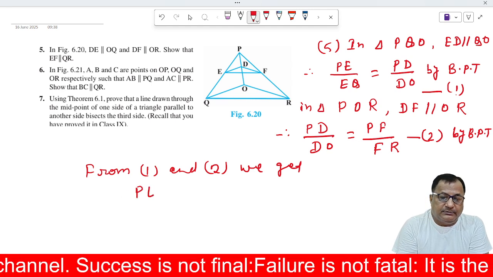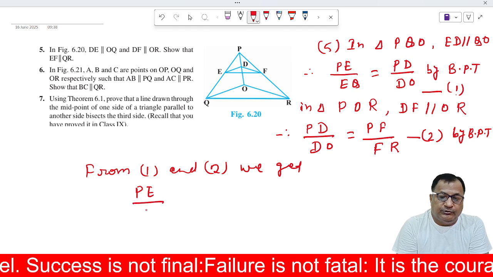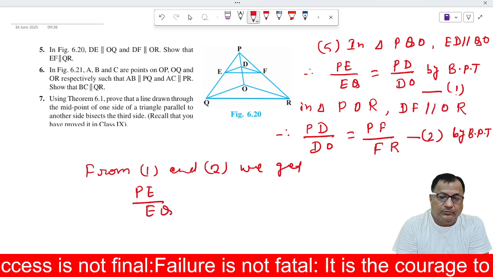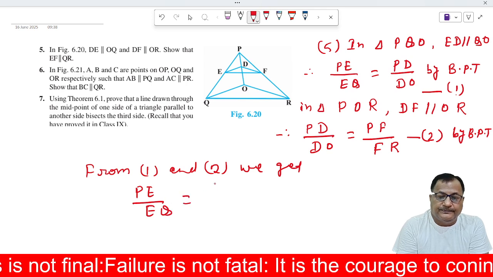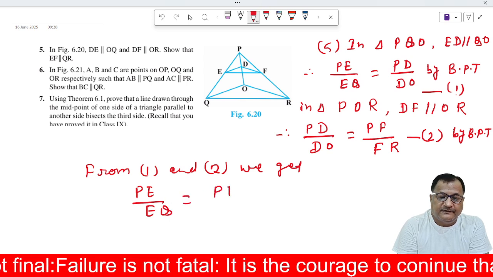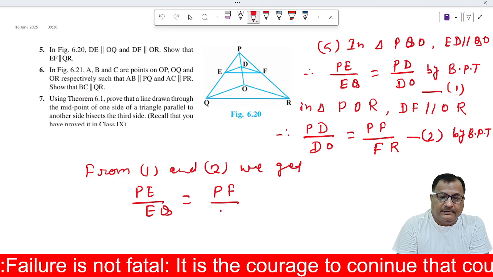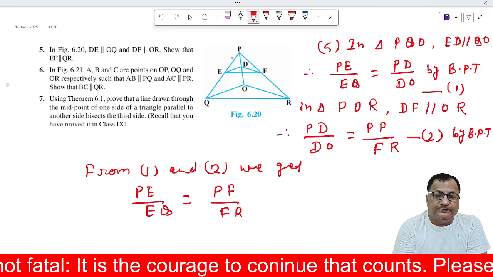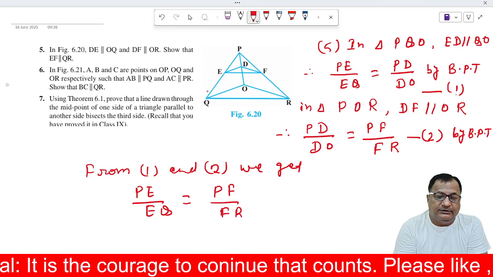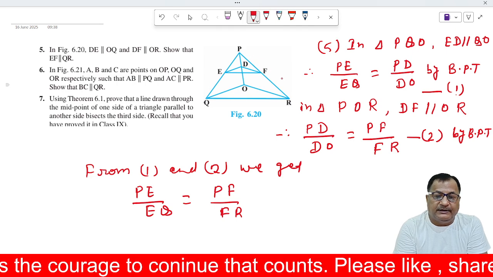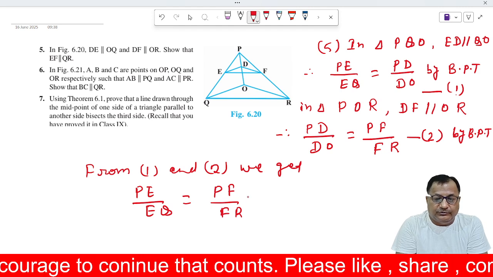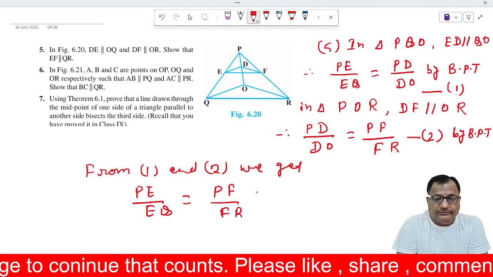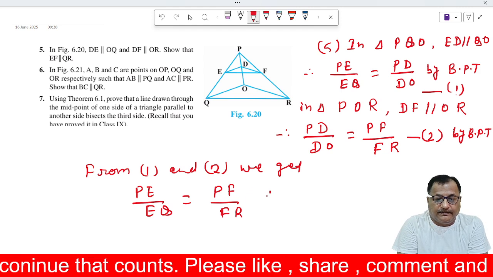PE by EQ is equal to PF by FR. And so this is PE by EQ is equal to PF by FR.